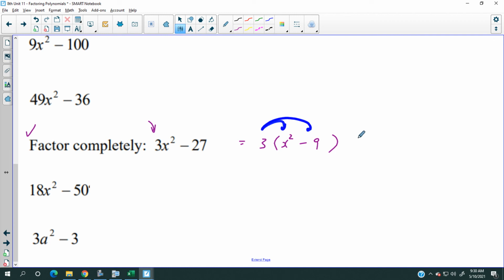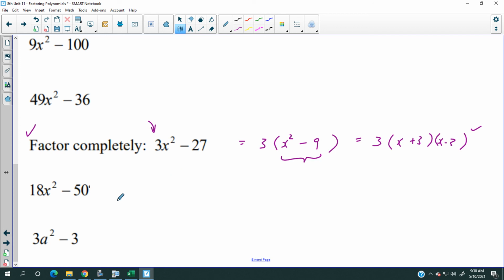Now look at this. Can you factor this the way we've been doing just now? Yes, you can, like this. So you got your difference of 2 squares again, like so. That's it, okay? Not bad, right?